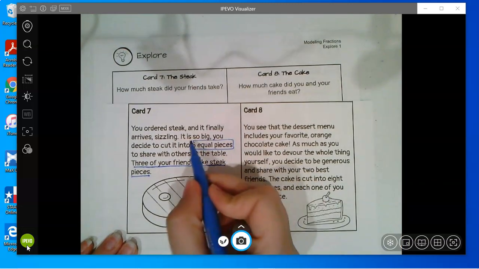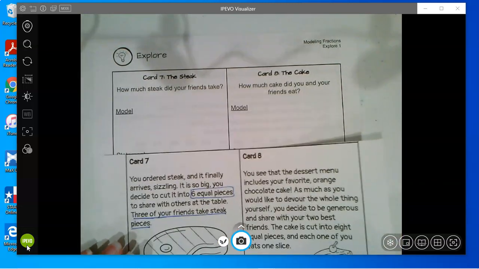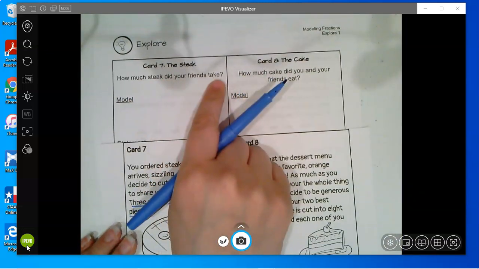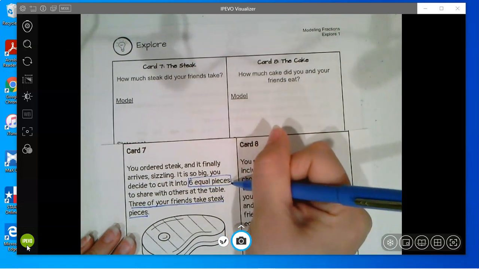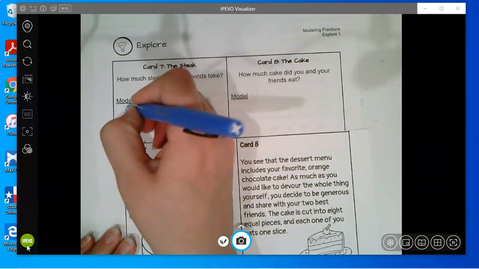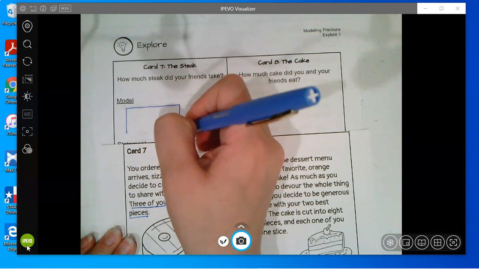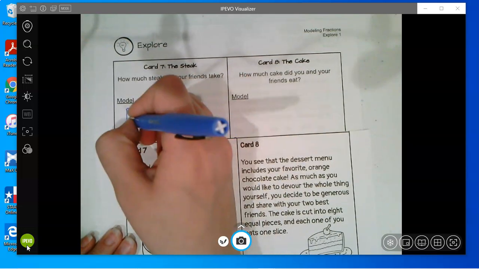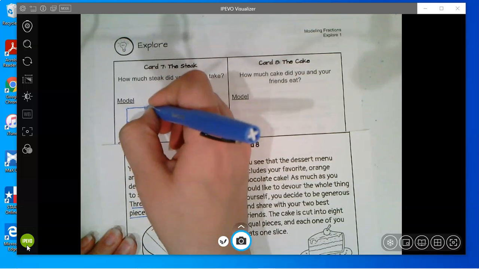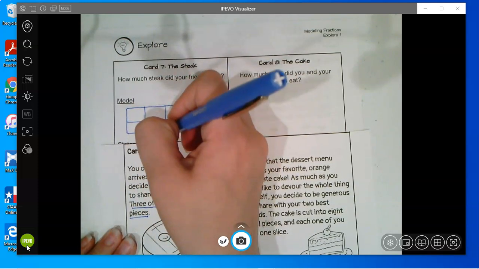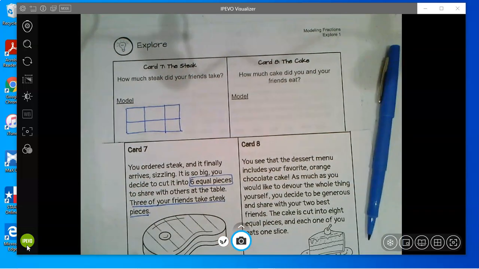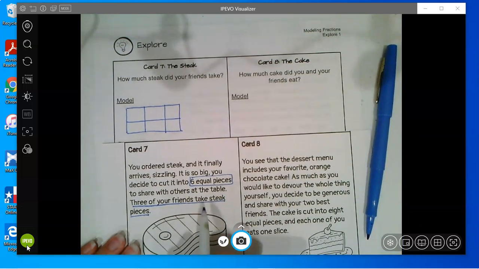So 3 of your friends take steak pieces. Okay, so the first thing I need to do is draw a model. And it wants to know how many steaks did your friends take. So I'm going to model my picture, and I know that I cut it into 6 equal pieces. Okay, so there's my 6. And I know that 3 of my friends take a piece.